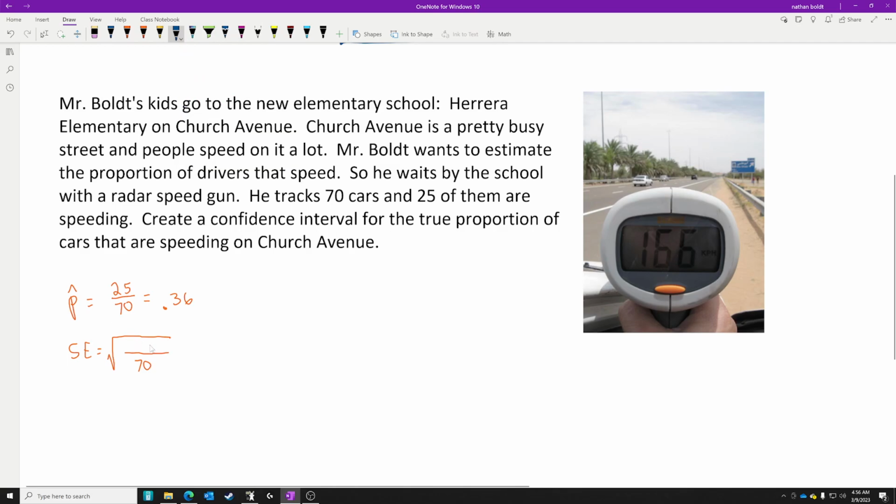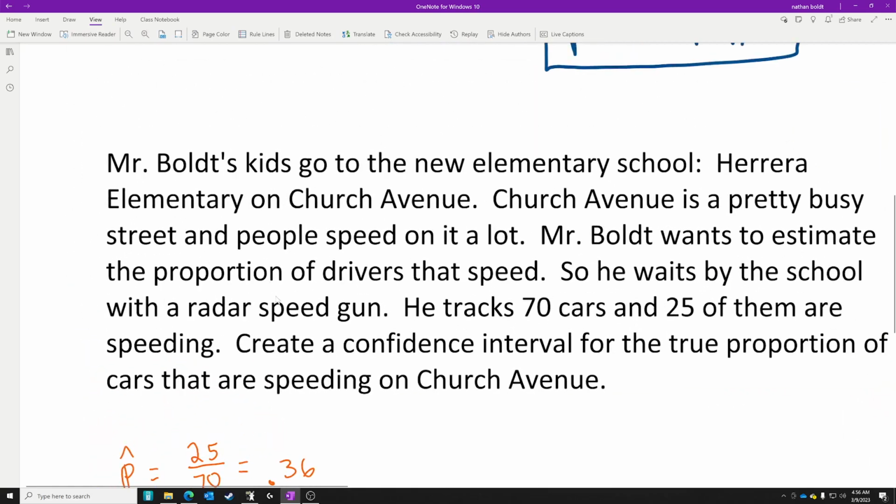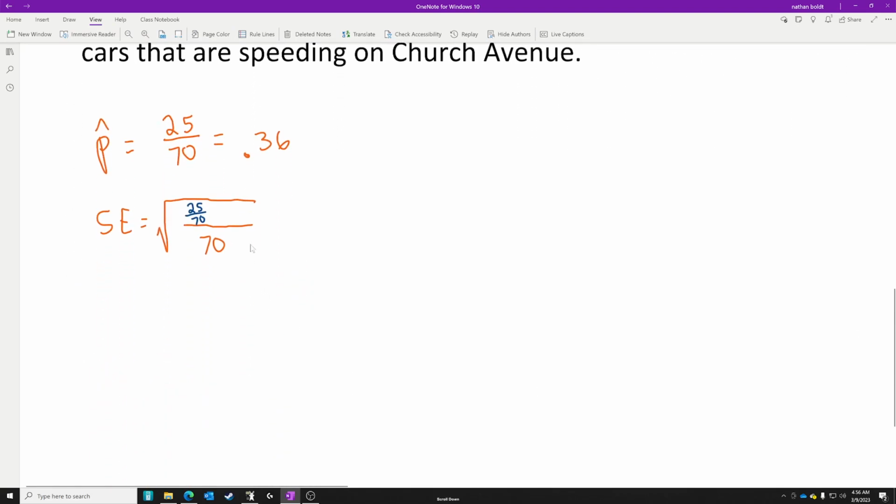It is p times 1 minus p, right? Well, p is 25 out of 70. Let me zoom in on that just a little bit, make it a little bit bigger. All right, that's 25 out of 70 times q. Well, yeah, it is 1 minus p, but it's the other half of that 25 out of 70.